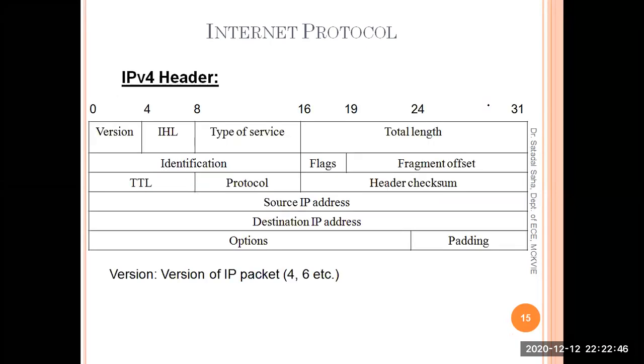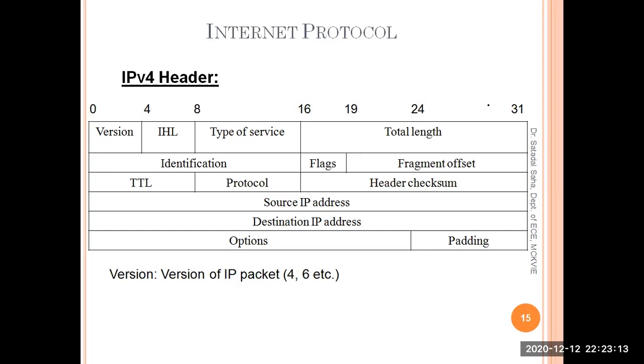So the Internet header, or IPv4 header, is represented by a table structure like this, where there are different rows, and in each row there will be some bit pattern from 0 to 31, that is 32 bits. So each of these rows is a length of 32 bits, and there are different fields, as seen by the names.